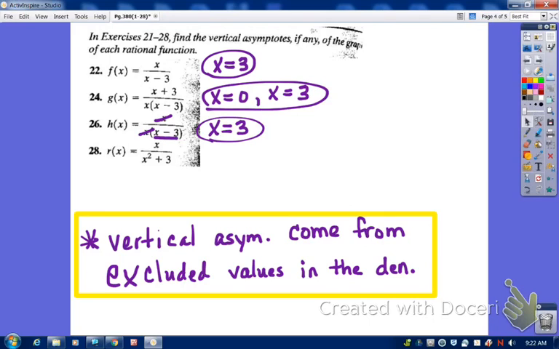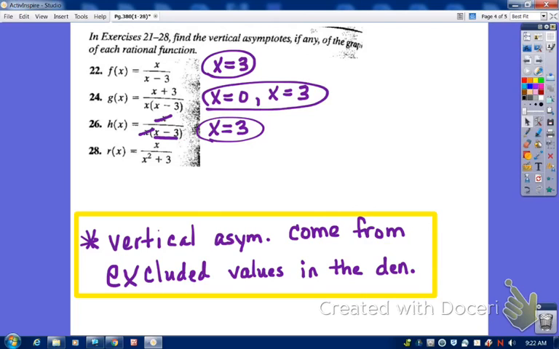All right, and last one, 28. X over x squared plus 3. The x and the x squared can't cancel in 28 because x squared plus 3 is a binomial, so it's like a little family, and you can't divide or cancel the x in the top with the x squared in the bottom. What excluded values do you see in the denominator? X squared plus 3. That's a trick question.